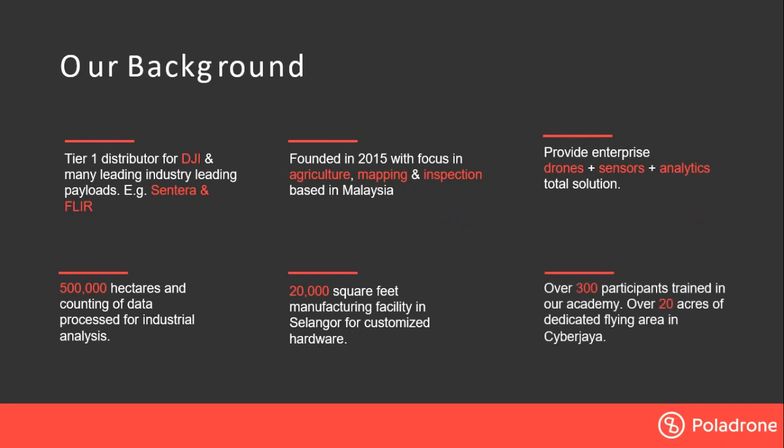Lastly, we have Drone Academy Asia, our sister company, which provides customized training for companies that require drone pilots, and also delivers drone knowledge to the pilots. So this is some of our background.